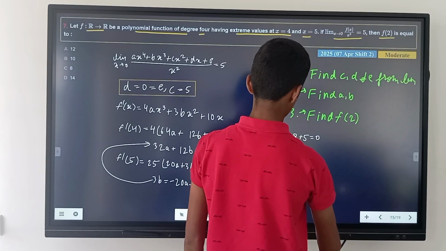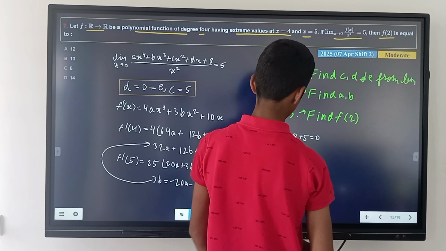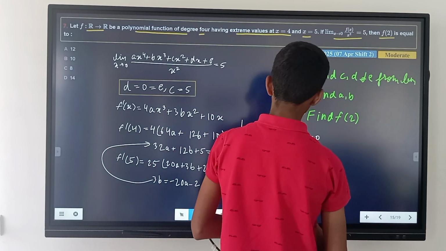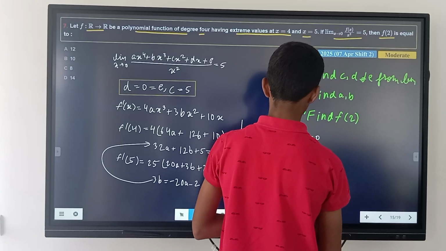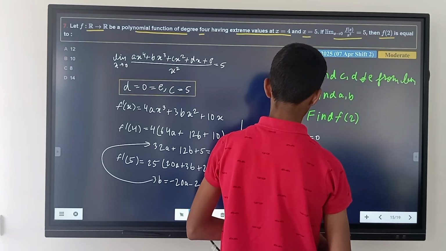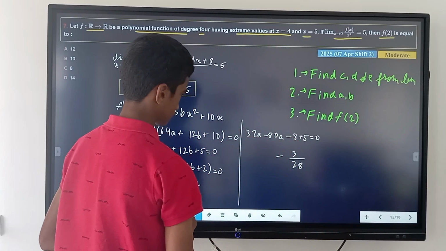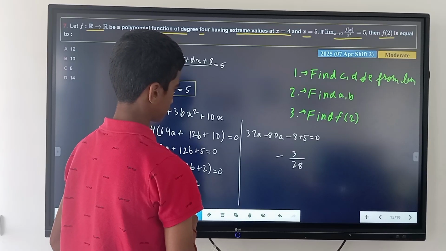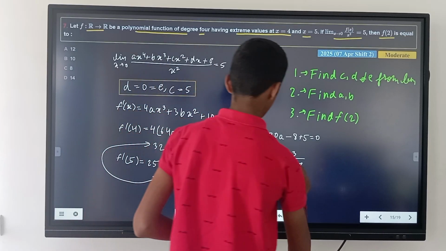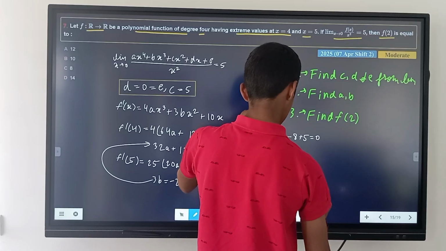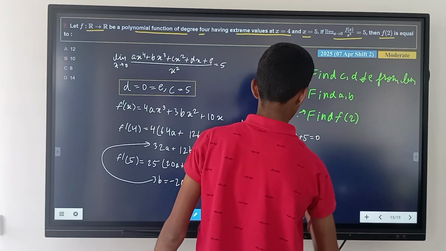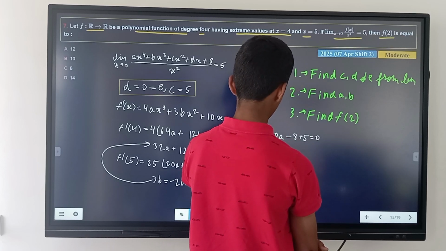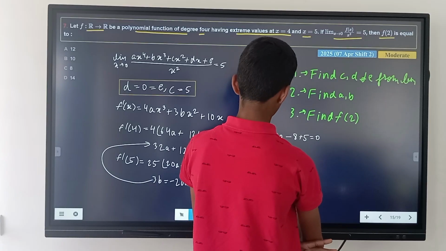From here we will get 3 upon, with negative sign, 3 upon 28, 3 upon 20, 32, not 28, sorry. We will get 3 upon 48. Yes. 3 upon 48, so this will be minus 1 upon 16.